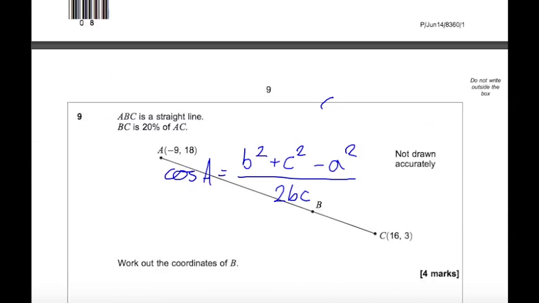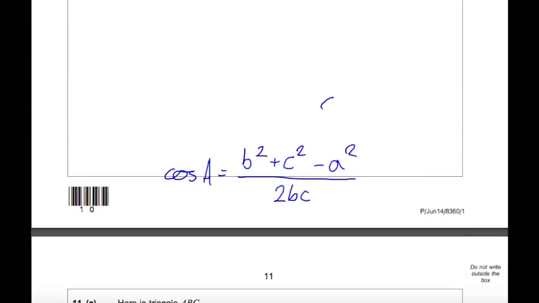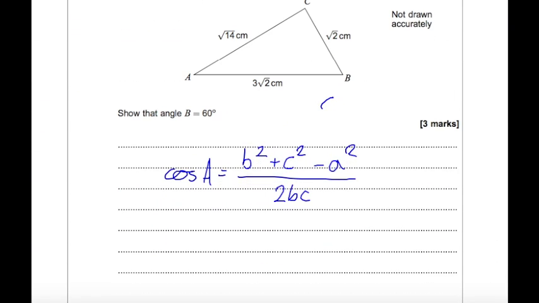Right. So you can either replace it, or you can just think, well, I'm just going to call this cos b, and then I'm just going to remember this is going to be my b squared. So that's going to be minus root 14 squared. So root 14 squared is 14.